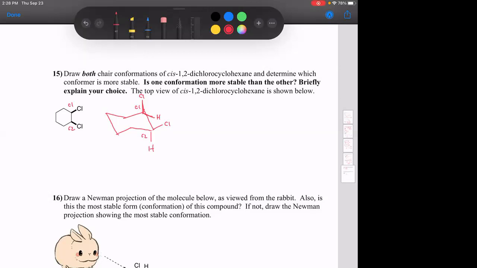So now I need to draw the other conformation. So what it's asking me to do is ring flip. So what I'm going to do with this ring flip is I'm going to pull carbon 1 down, right? And then carbon 4 back here up. So I'm going to say carbon 1's a head carbon, carbon 4 is a foot carbon.